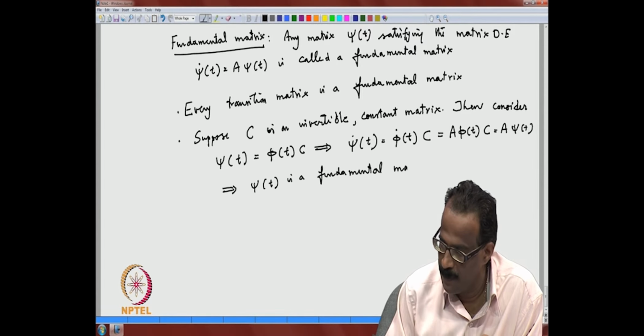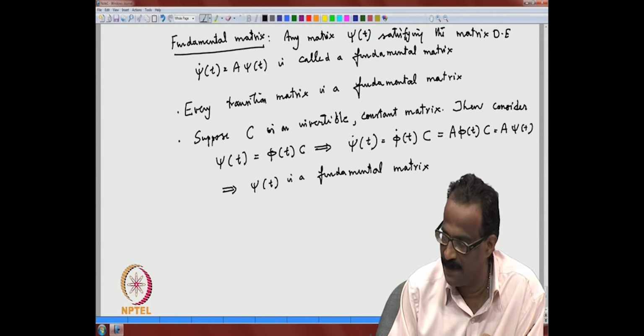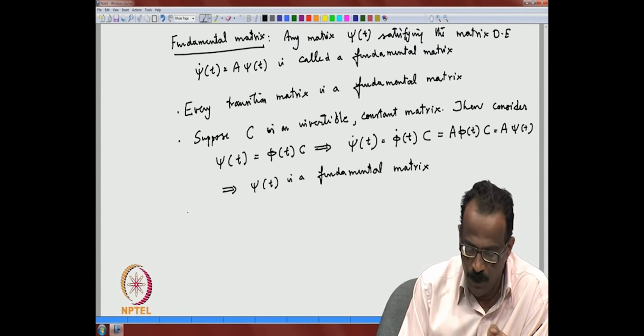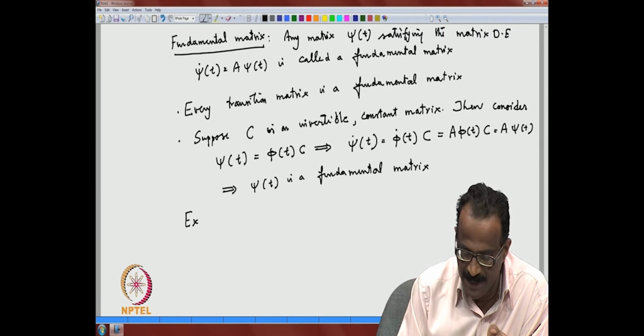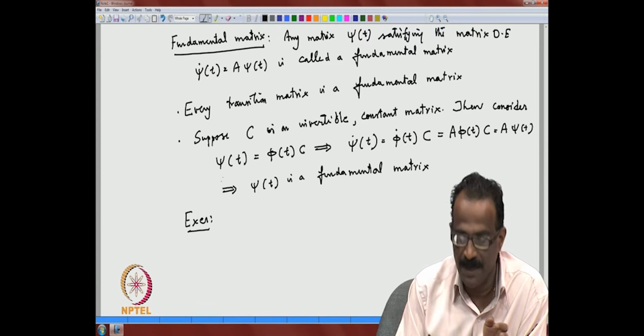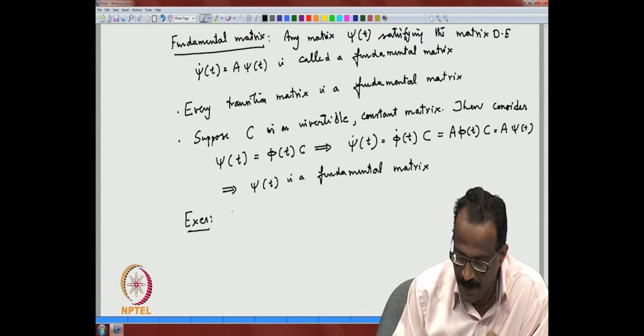Okay. But the interesting result, which is trivial to prove, I will leave as an exercise. Every fundamental matrix is of this form.